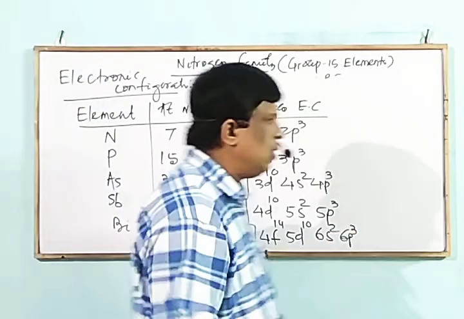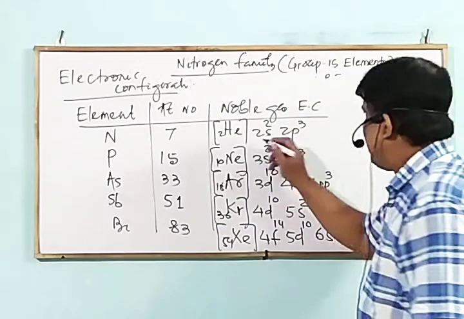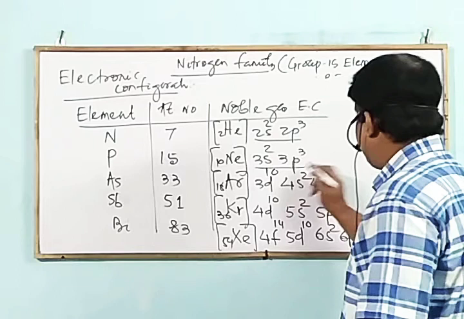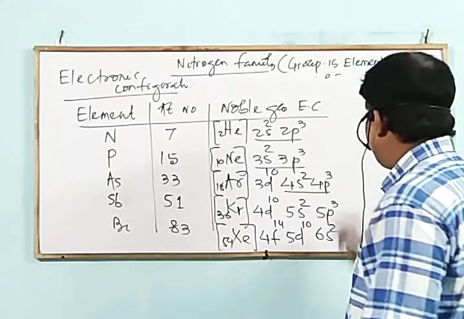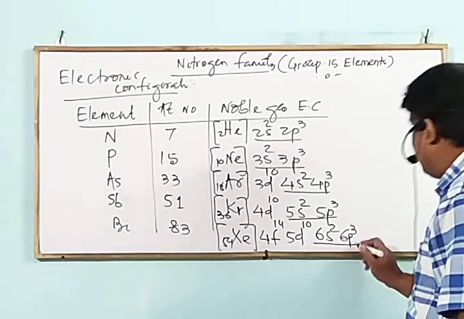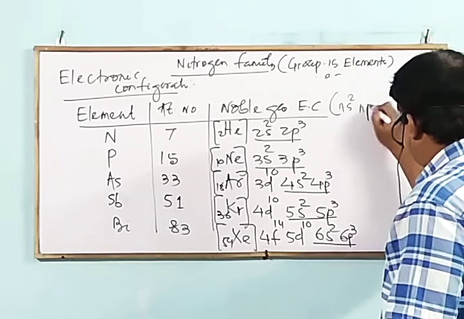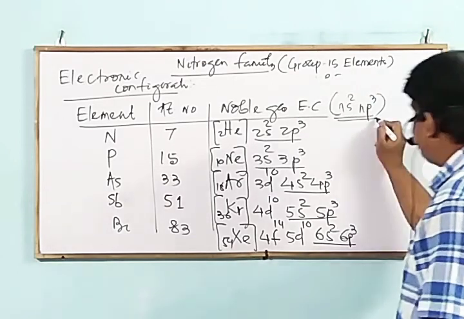Mark that. From this noble gas configuration, it is clear that outermost is 2s2 2p3, 3s2 3p3, 4s2 4p3, 5s2 5p3, 6s2 6p3. A common is ns2 np3.